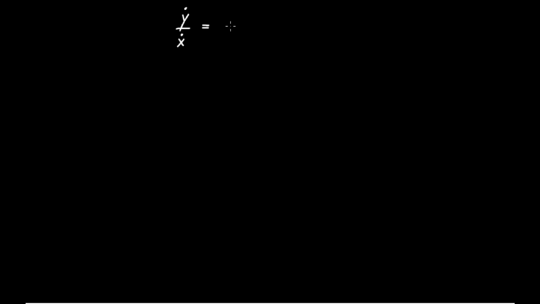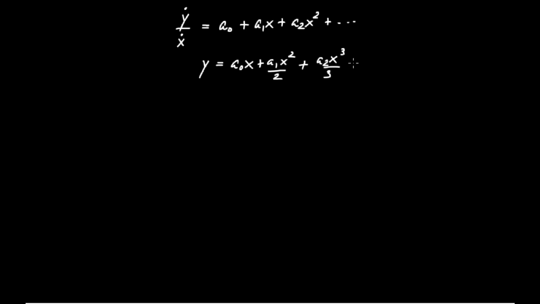If I write more generally, if y dot over x dot is equal to, let's say, some constant a0, plus a1 times x, plus a2 times x squared, and so on, where the a's are just the coefficients, I can always say that y is equal to a0x plus a1 x squared over 2 plus a2 x to the 3rd over 3, and so on, just applying that one rule.